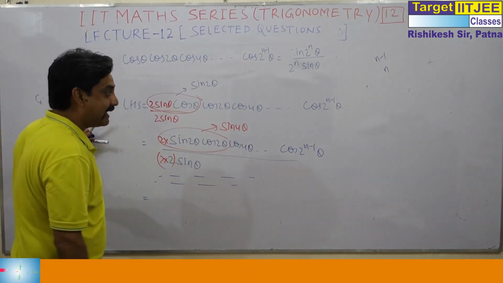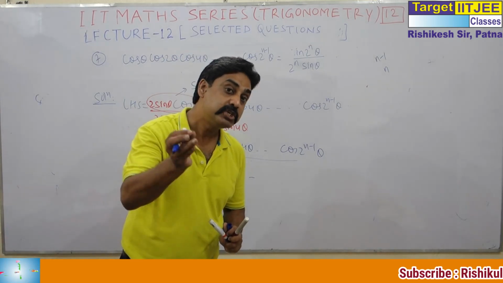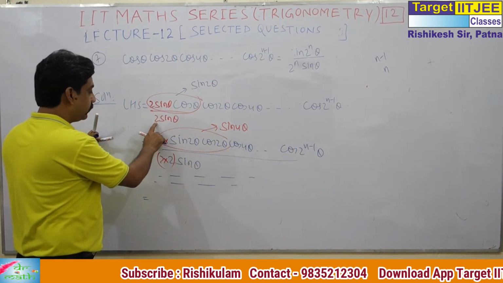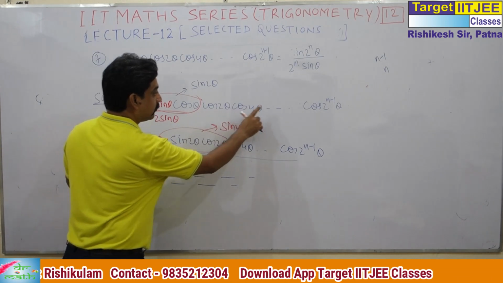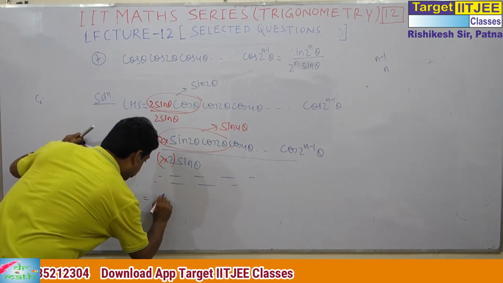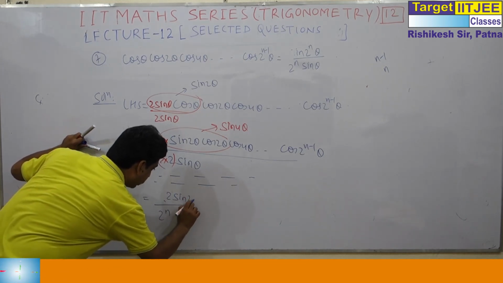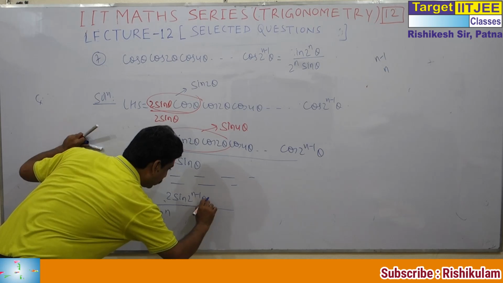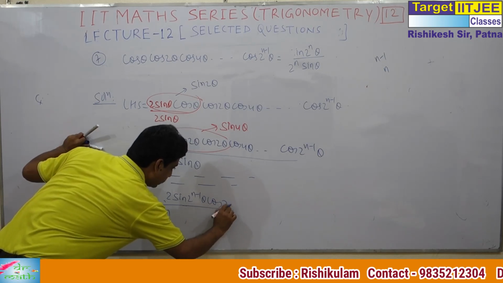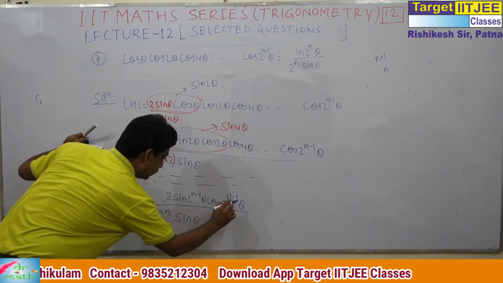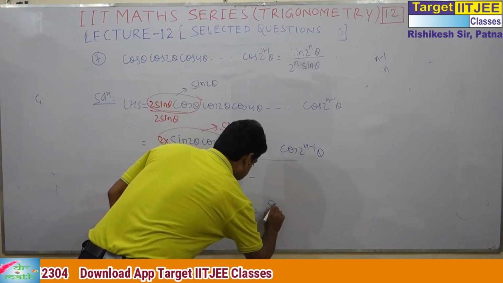You cannot write every step in this question. You have to assume for one term 2, again from one term 2, again from one term 2. So for n terms, this is 1 by 2 to the power n, 2 sin 2 to the power n minus 1 theta into cos 2 to the power n minus 1 theta into sin theta. And this will give what?